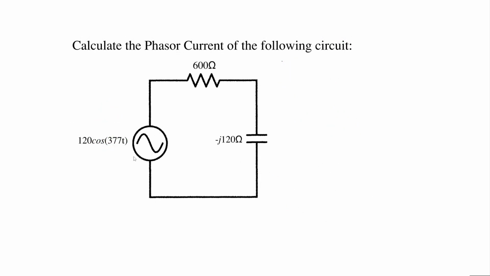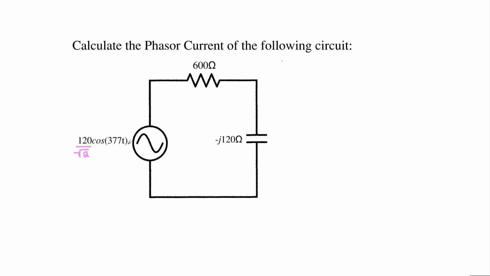For this problem, we are asked to calculate the phasor current of the following circuit. Starting with our voltage source, we are given a time-varying source. We can identify the coefficient of the sinusoid as our Vmax, and in order to convert to Vrms, we will simply divide by root 2.